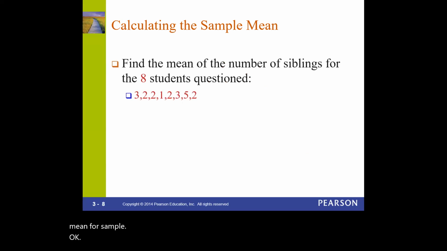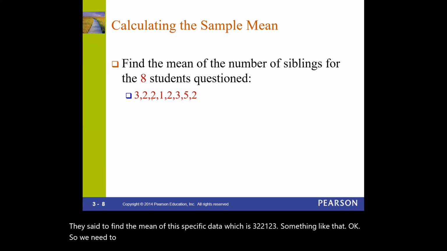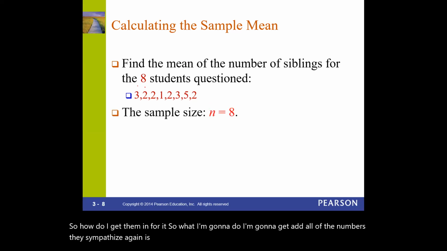This is an example that I give you. They say to find the mean of this specific data, which is 3, 2, 2, 1, 2, 3, something like that. So we need to find the mean for that. How do I get the mean? I'm going to add all of the numbers. The sample size again is 8. If you count them, 1, 2, 3, 4, 5, 6, 7, 8.